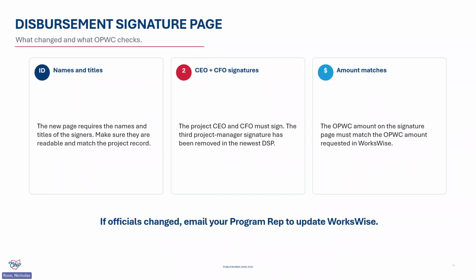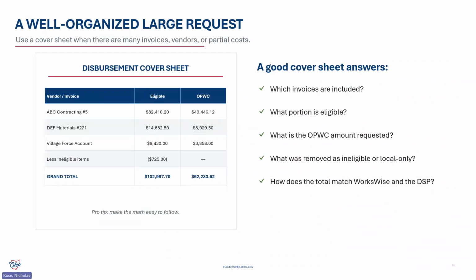For a simple request, the invoice may already be easy to follow. Sometimes it might just be one invoice or two. For a large request with multiple invoices, a cover sheet can save everybody a lot of time. When a request includes several invoices, several vendors, partial ineligible costs, or force account work, a simple cover sheet can make a huge difference.